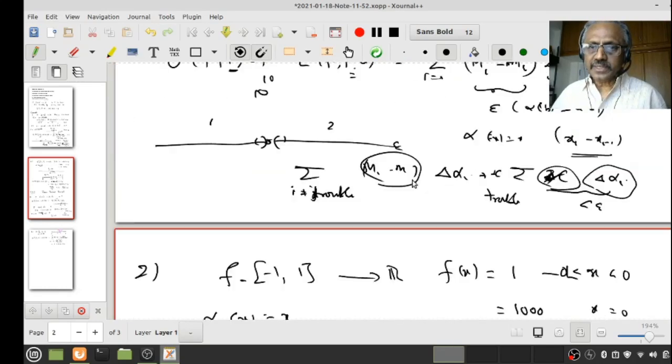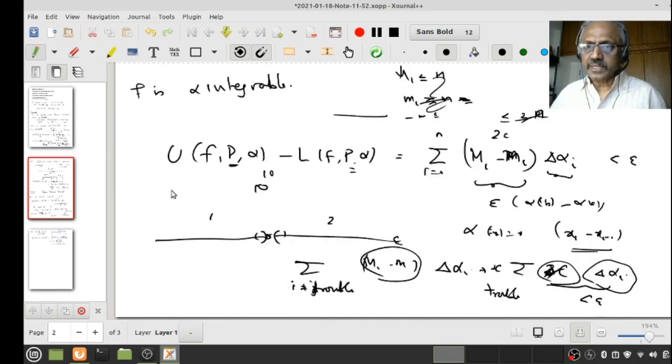And second, do you understand the principle which I just said? Look at U of P, alpha minus L of P, alpha. How do I want to say this sum is less than epsilon? How do I control that? Either I should try to control capital Mi minus small mi on the good subintervals.